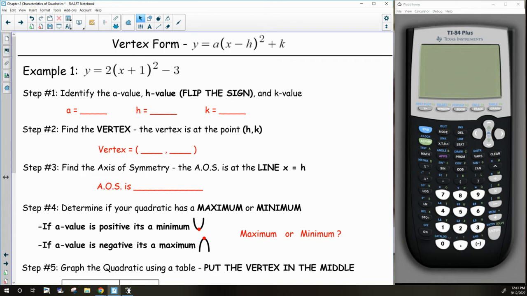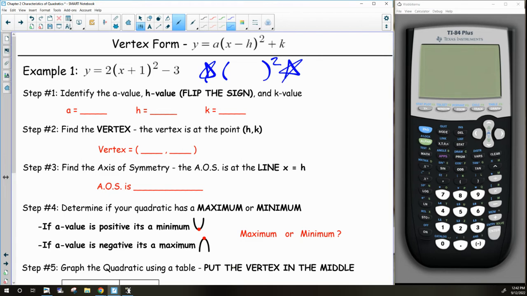You don't have to be able to write it down by memory, but what you do need to be able to do is if you ever see an equation like example 1, you should be able to look at it and know that that is vertex form. So there's going to be 3 forms, and they do all look very different. For vertex form, there will always be parentheses with an exponent of 2. So I would give yourself a little note here.